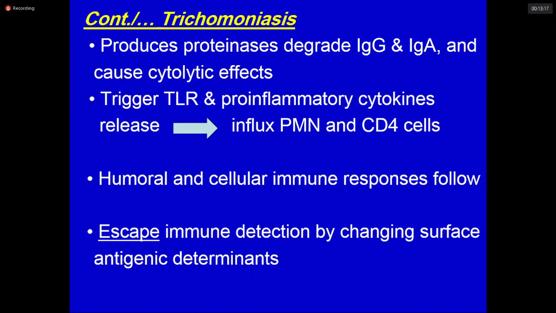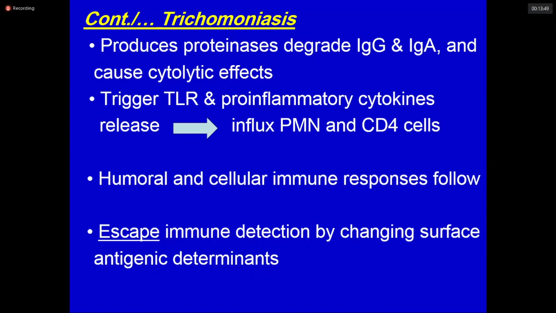This is part of the non-specific, innate immunity. Later on, the humoral and cellular adaptive immune response, that is to say a specific immune response, will follow. These parasites have the capability of escaping immune detection by changing their surface antigenic determinants.